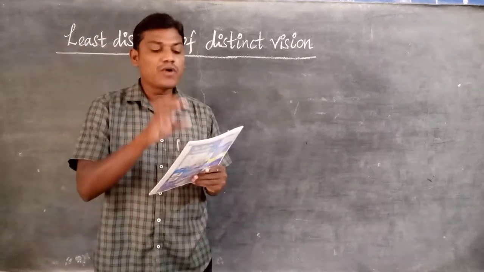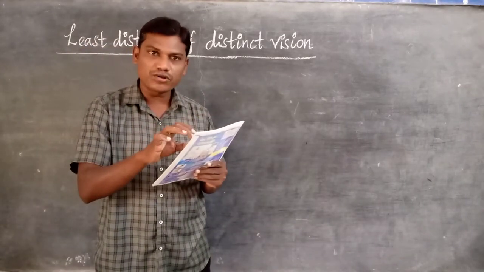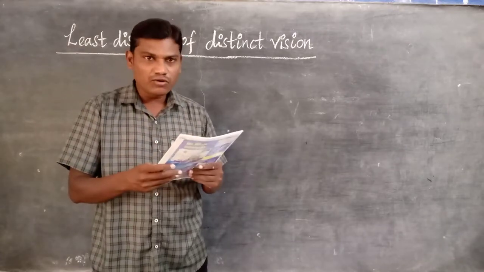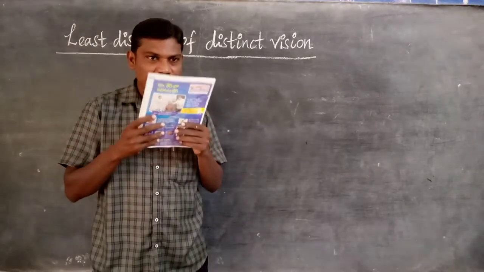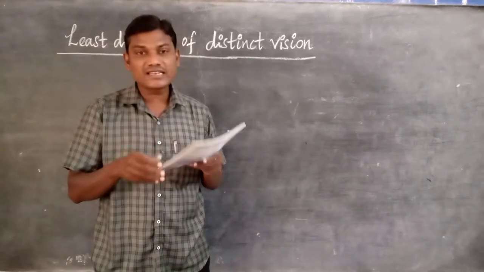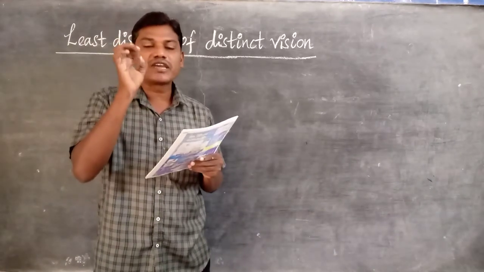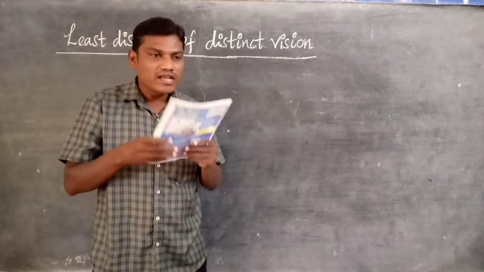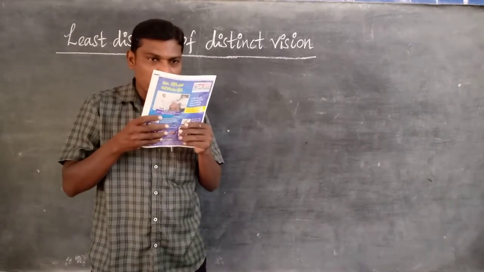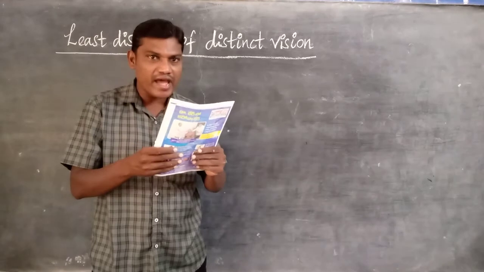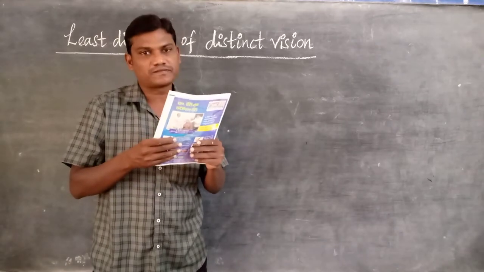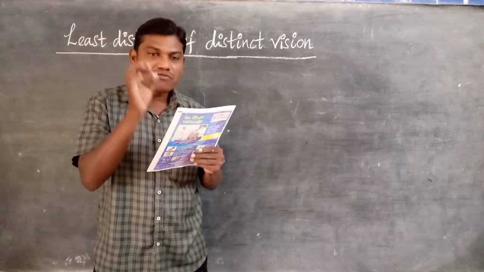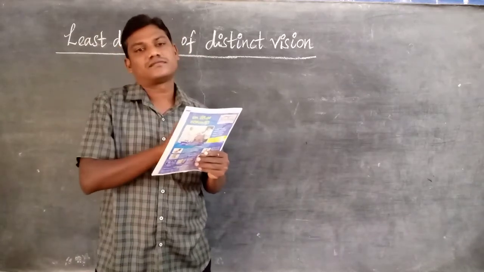When the letters are initially kept very close to your eye, you are not able to see them clearly. But as the book slowly moves away from your eye, at one particular position you can read the letters without any strain.